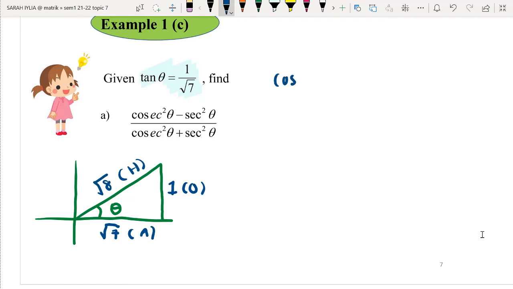So, cosecant, ingat cosecant squared theta is basically cosecant theta that we squared. Kita boleh squaredkan benda tu macam tu. Itu konsep dia. Dia sama maksud. Cosecant squared theta equal to cosecant theta that we squared, the whole thing squared basically. So kita boleh cari cosecant dulu.